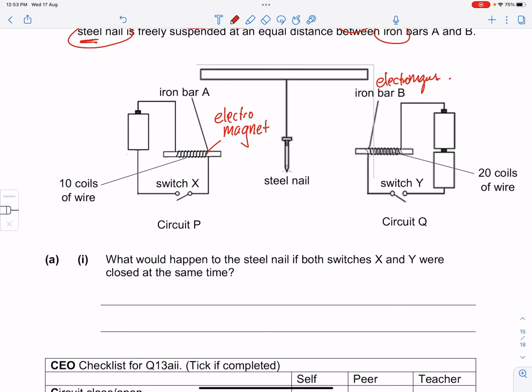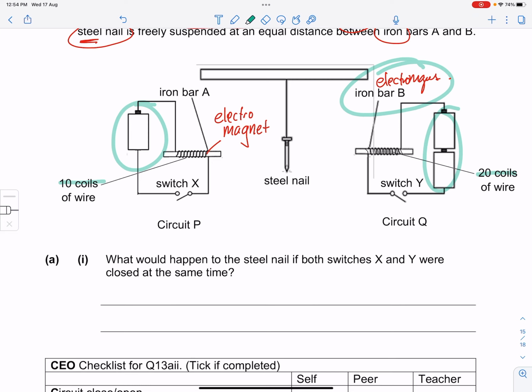Now, after that, ask yourself, what is the difference between these two circuits? You would notice that one has 10 coils, one has 20 coils. Okay? So, how does it affect your magnets then? This becomes a stronger magnet. Also, you will notice a second difference, which is the number of batteries. In circuit Q, there are 2 batteries, which means that more electric current is flowing through as compared to 1 battery.